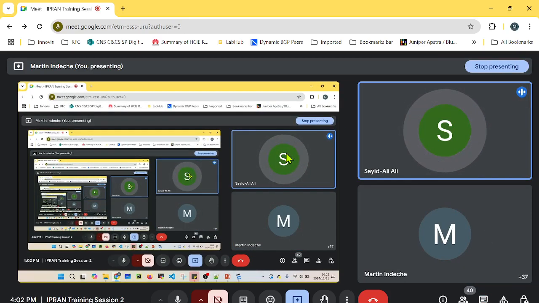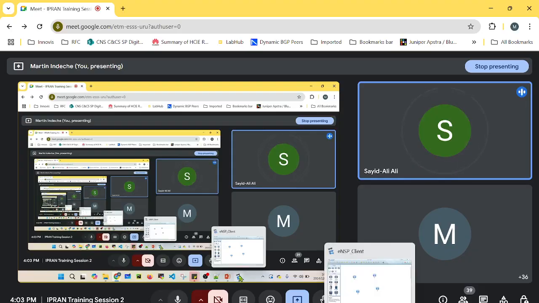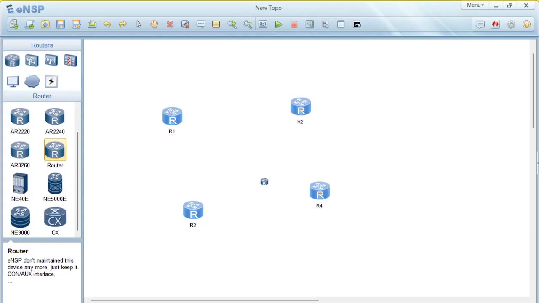How to solve this issue when you upload the NE40, NE9000 and other software? When you click the NE40 routers, the computer is busy or the request times out. How to solve this issue? That one purely depends on the type of machine that you are using.